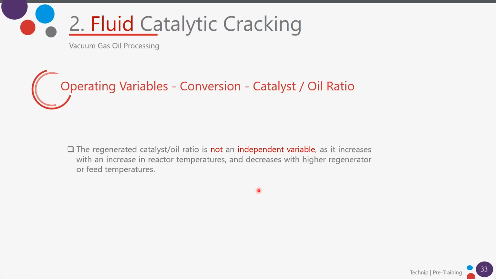You cannot adjust it directly, but you will adjust other variables that will tend to increase or decrease this catalyst to oil ratio. It will be a consequence of other operating variables. This catalyst to oil ratio will increase if you increase the reactor temperature, and decrease with higher regenerator or feed temperatures, okay?